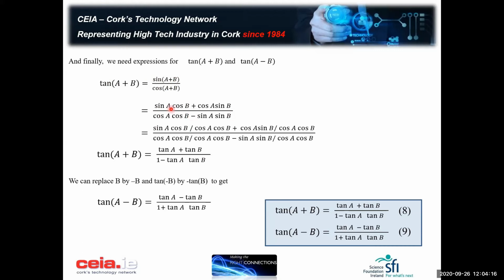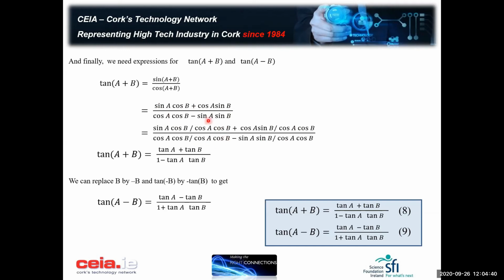We need to convert that into a simpler format, and the way to convert it ultimately into tans is to make sure that we have sine over cosine. So if we divide all four terms in this equation by this single term cos A cos B, we do it here, here, here, and here.